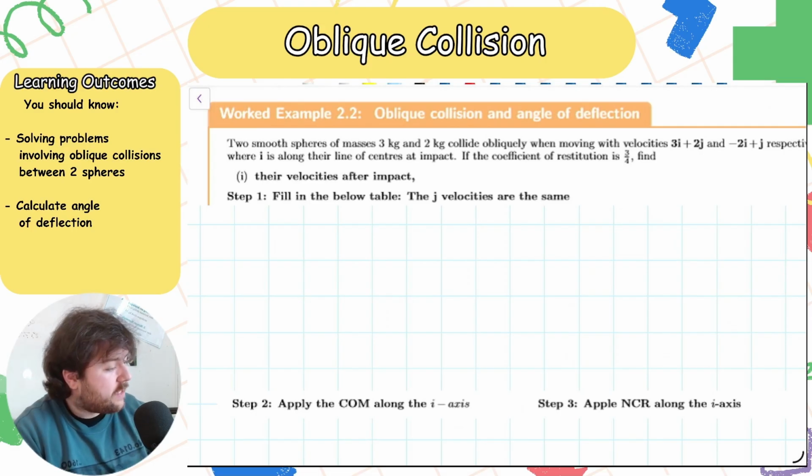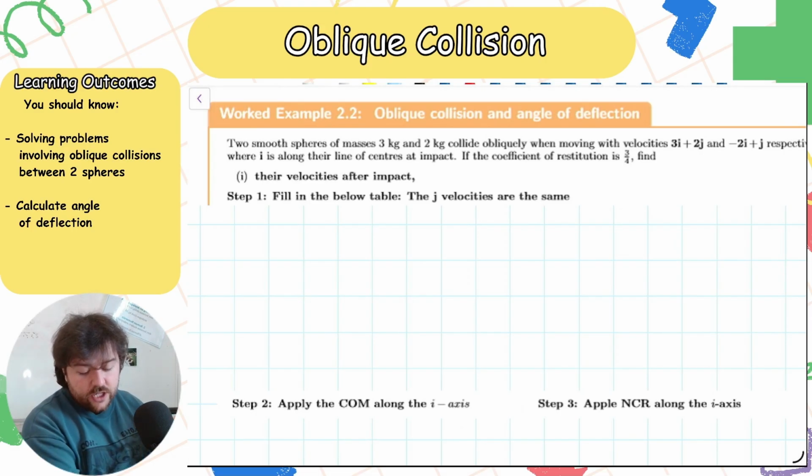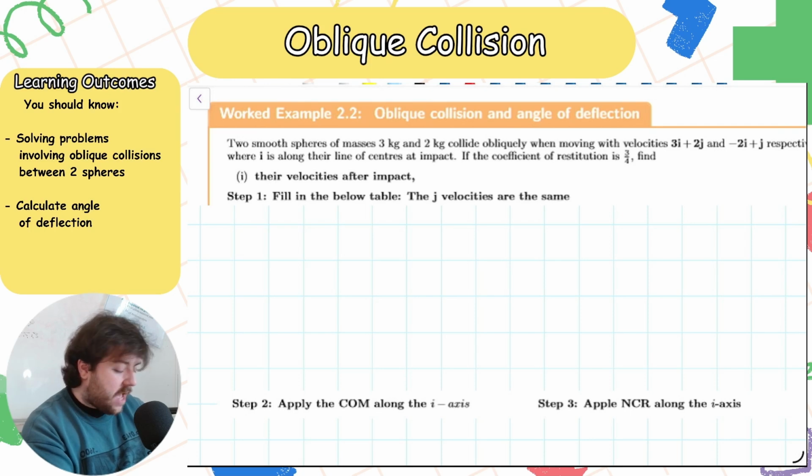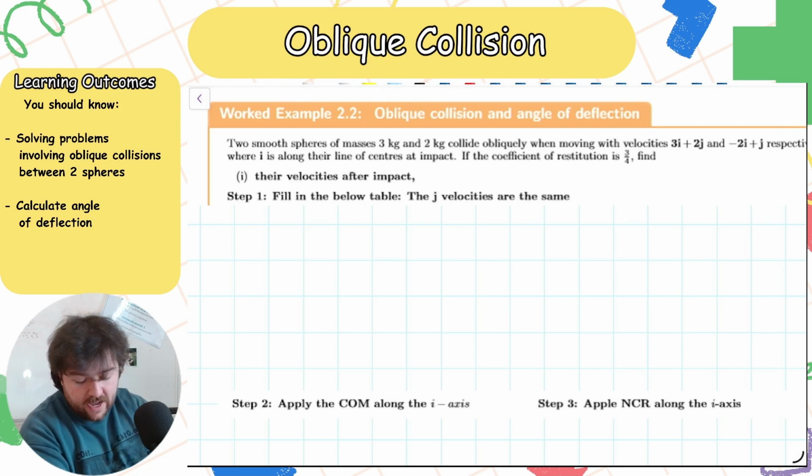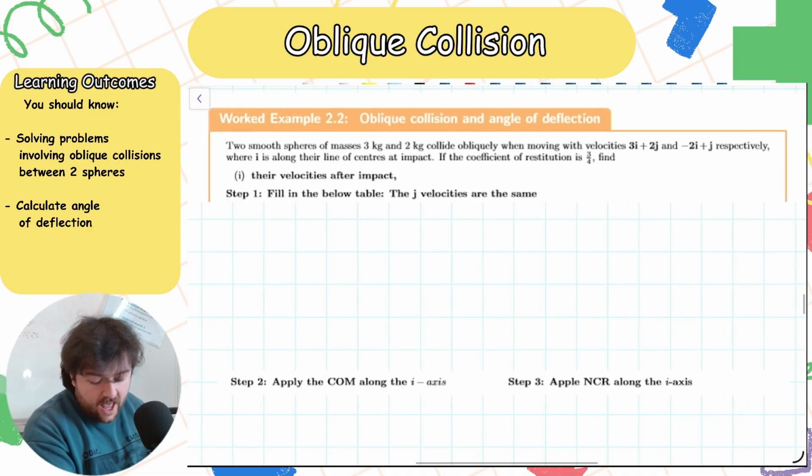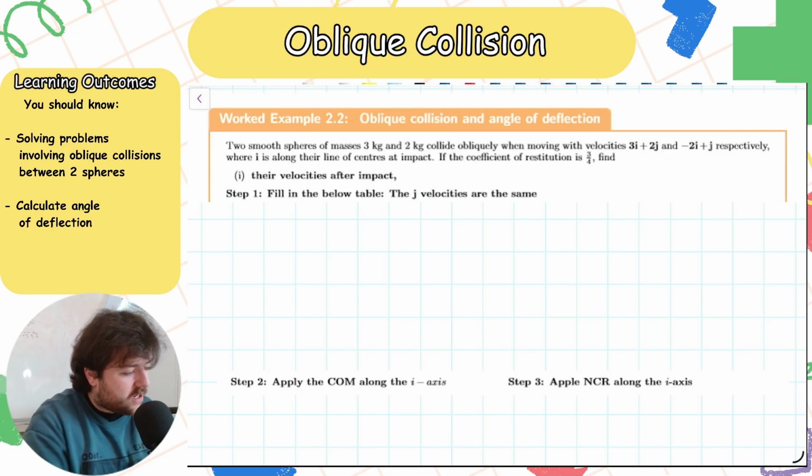Two smooth spheres of masses 3 and 2 kg collide obliquely when moving with velocities 3i plus 2j and minus 2i plus j respectively, where i is along the line of centers at impact. If the coefficient of restitution is 3/4, find their velocities after impact.